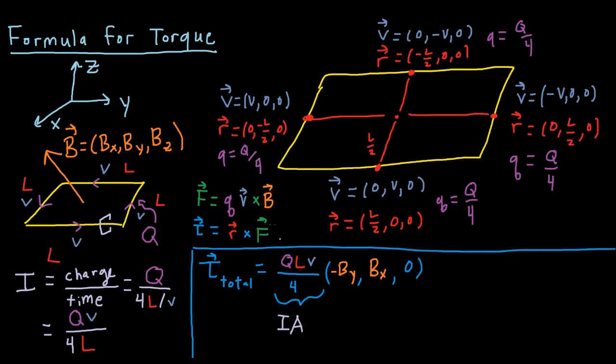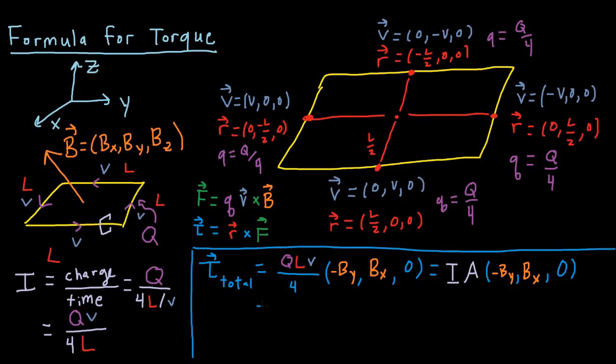So I'm going to write it now as the torque equals IA times the vector negative By, Bx, 0.